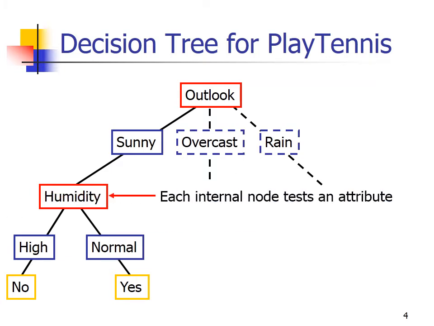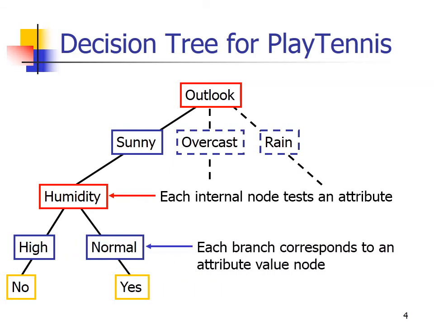Each internal node tests an attribute. Outlook is a root node and humidity is an internal node or a child node. Each branch corresponds to an attribute value. For example, humidity can take on 2 values, either high or normal.